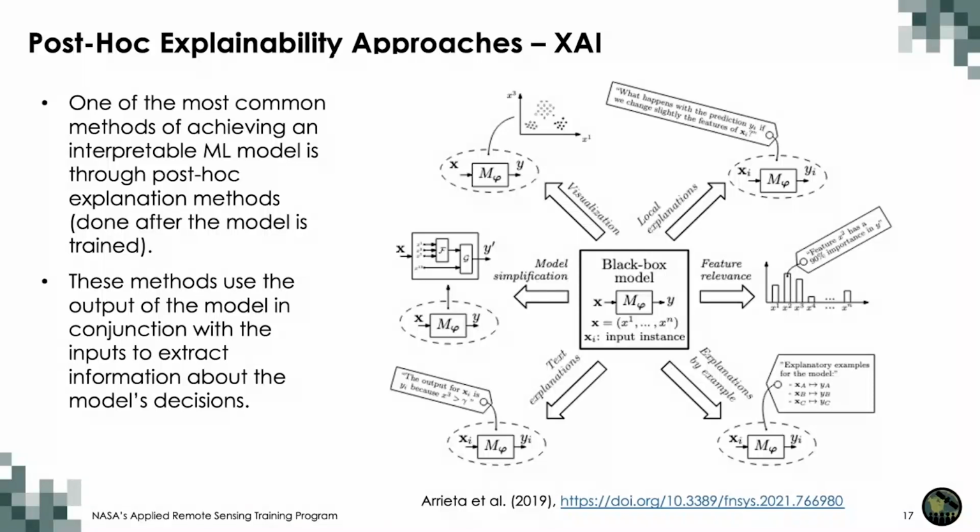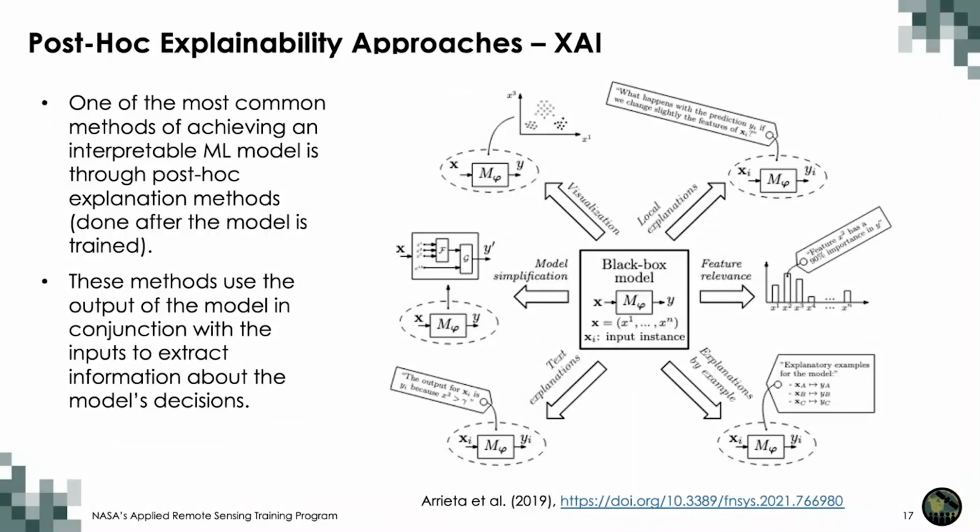We can also do other methods such as local explanations. If we were to change some of the inputs, how would that affect the outputs? And we can learn and get some explanations of the model's decision-making process based off of those tests.